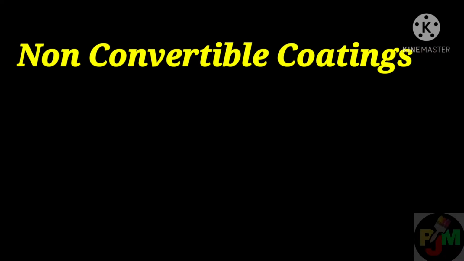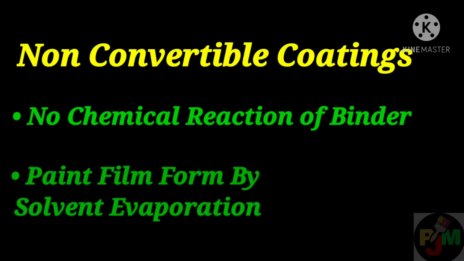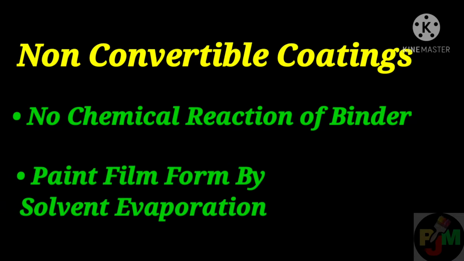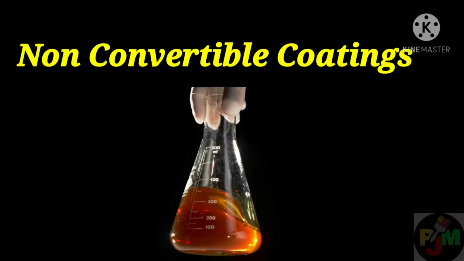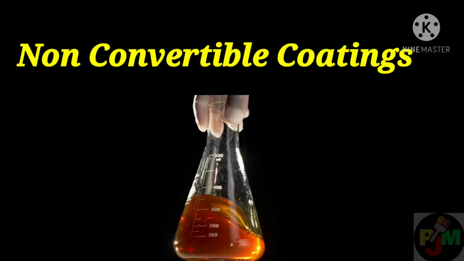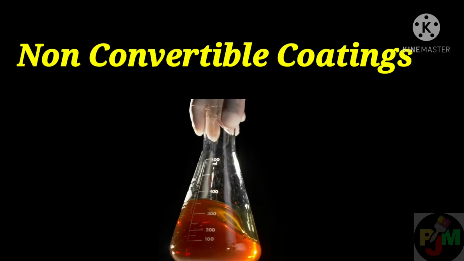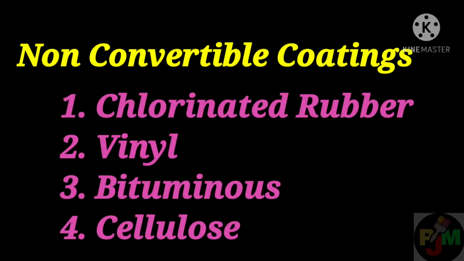Non-convertible coating. In non-convertible coatings, binders do not undergo any chemical reaction. Paint film solidifies by loss of solvent by evaporation. It involves simple solution of various resins or polymers that are dissolved in a suitable solvent. Binders in this category are chlorinated rubber, vinyl resin, bituminous, and cellulose.